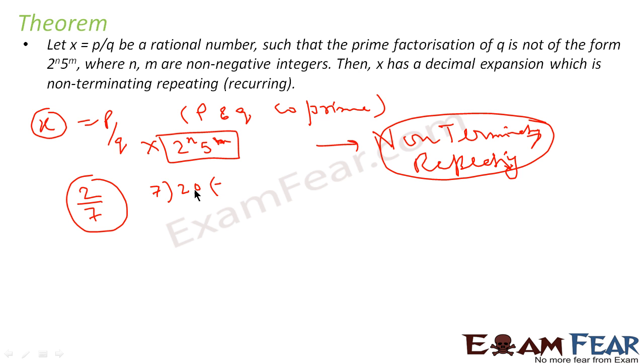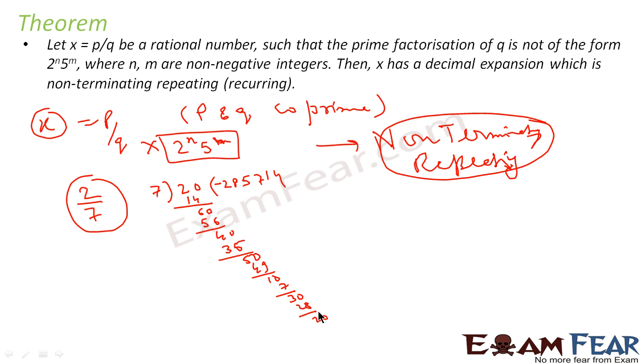7 into 2 is 14. 60. 7 eights are 56. This is 40. And then 7 fives are 35. This is 50. 7 sevens are 49. This is 10. 7 ones are 7. This is 3. 30. 7 fours are 28. This is 2. 20.